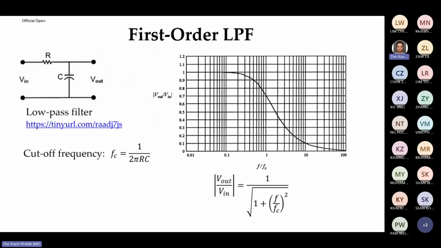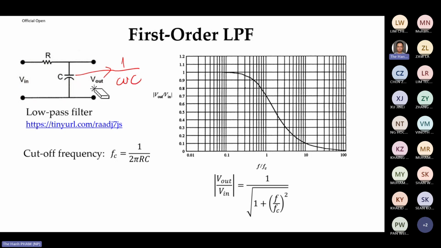So here is the first order low pass filter, and it is passive. So you have R and C. Now, I think you have seen this many times already, but to look at how this one allows the low frequency to go through, you can think of 1 over omega C. This guy has 1 over omega C. So when omega is small, then this one is big.